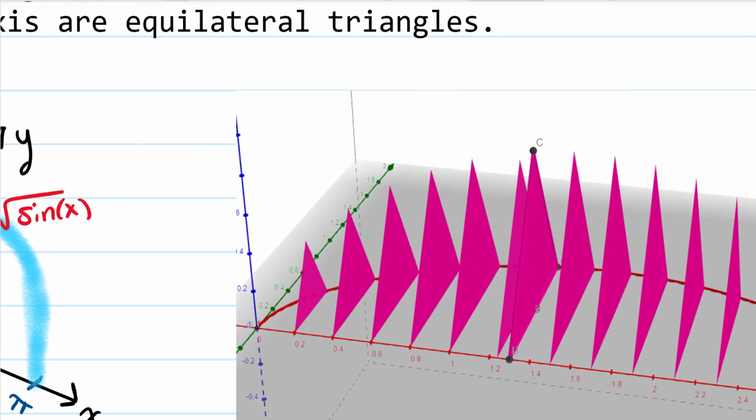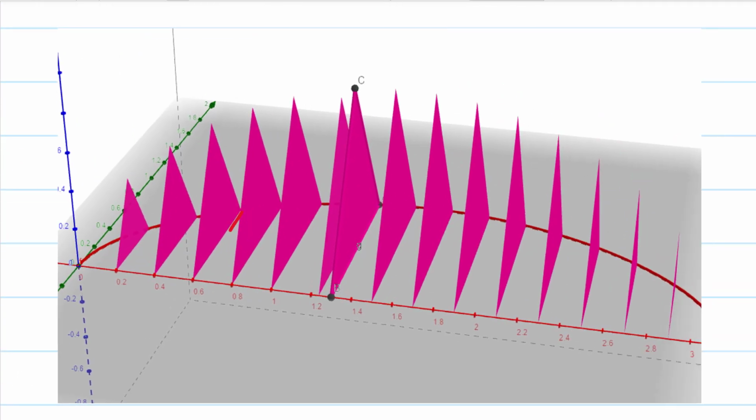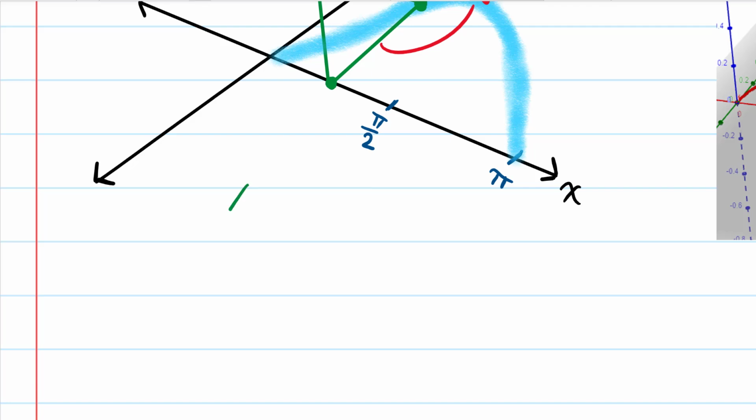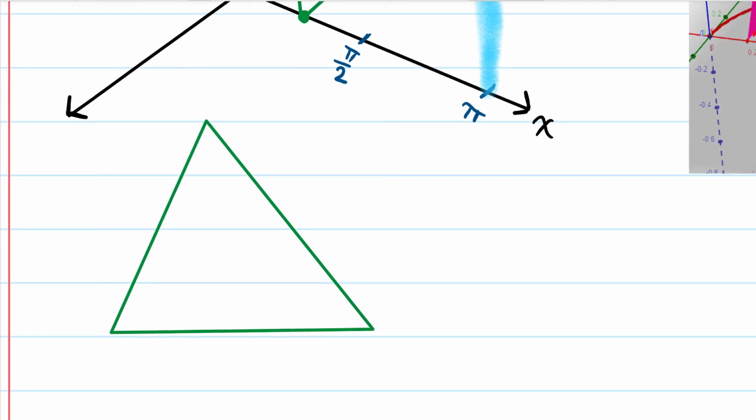In 3 dimensions, it'll look something like this, where each of these is represented by the square root of sine of x. So our base shape is an equilateral triangle. To find the area of that, we're going to break this into a 30, 60, 90 triangle.